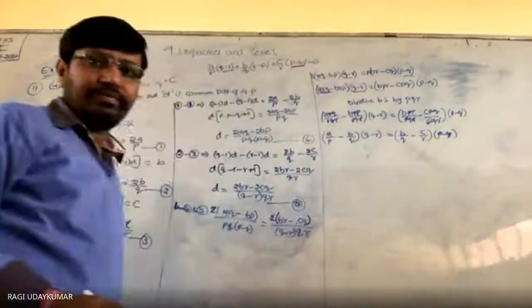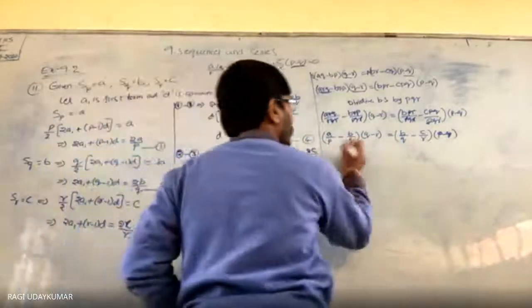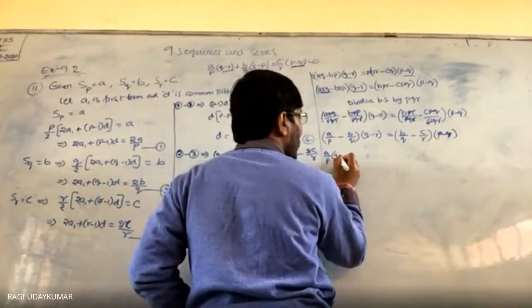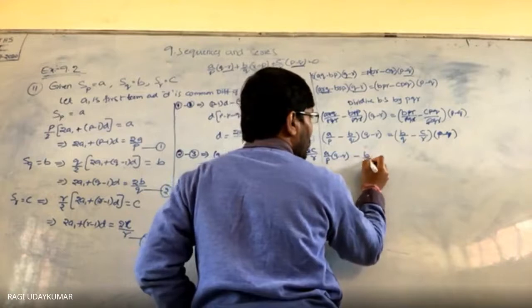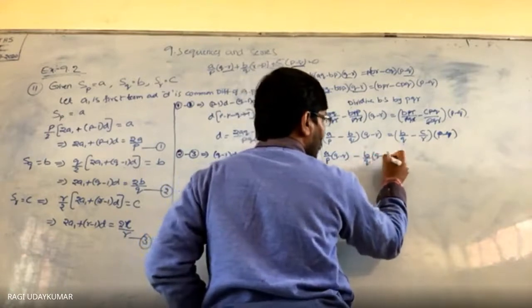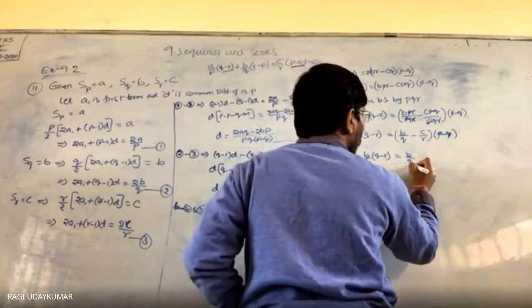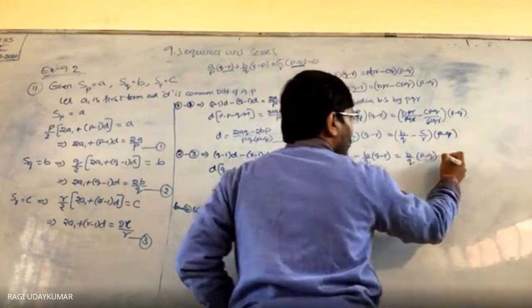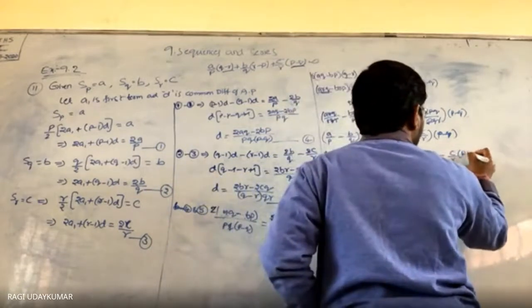Individually, a by p into q minus r minus b by q into q minus r is equal to b by q into p minus q minus c by r into p minus q.